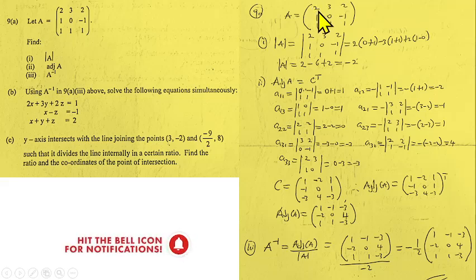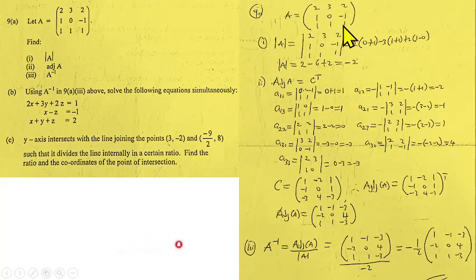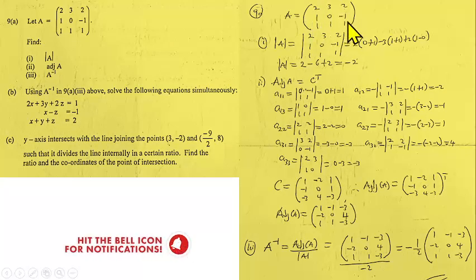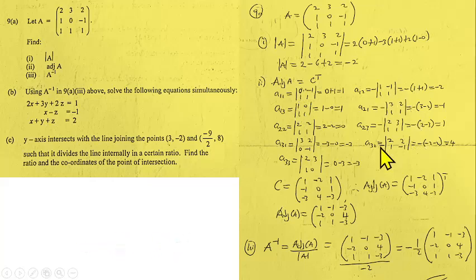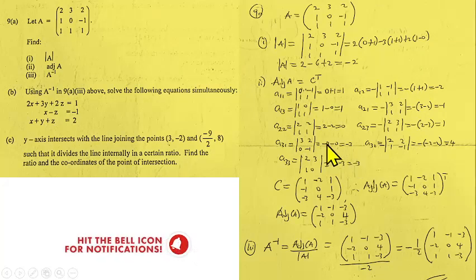Don't forget that the positional signs are plus, minus, plus, minus, plus, minus, plus, minus, plus. Those are the positional signs of this 3 by 3 matrix, and we are going to use them to reduce to 2 by 2 matrices one after the other, and that's what we have done here to get the cofactor.